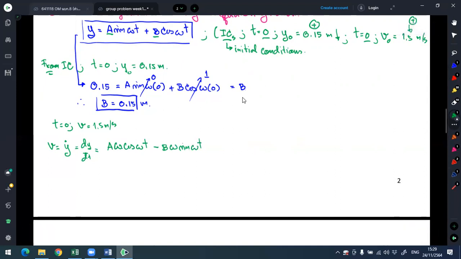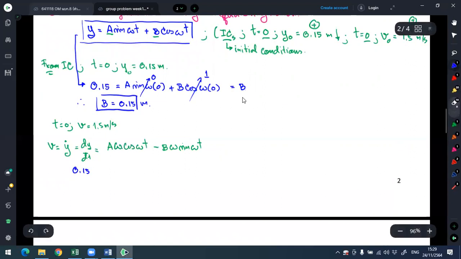According to this, when we substitute time equal to 0, v equals 1.5.